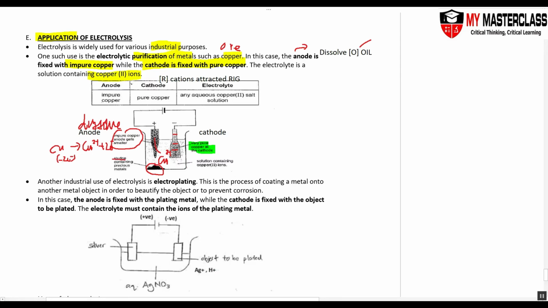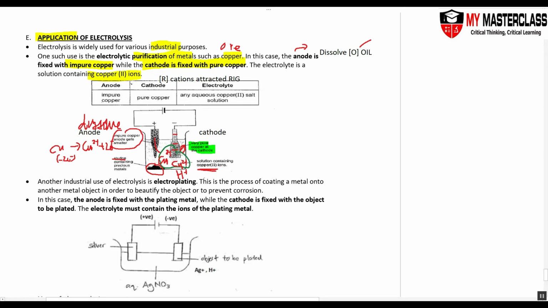The electrolyte also contains Cu2+. All this Cu2+ and the H+ inside will migrate to the cathode. Your copper ultimately gets preferentially discharged because it is lower in the electrochemical series.